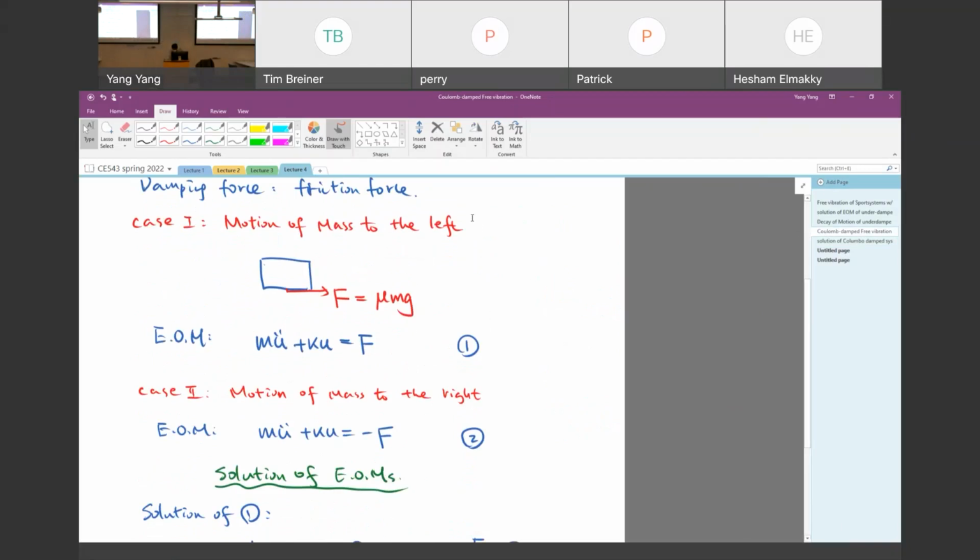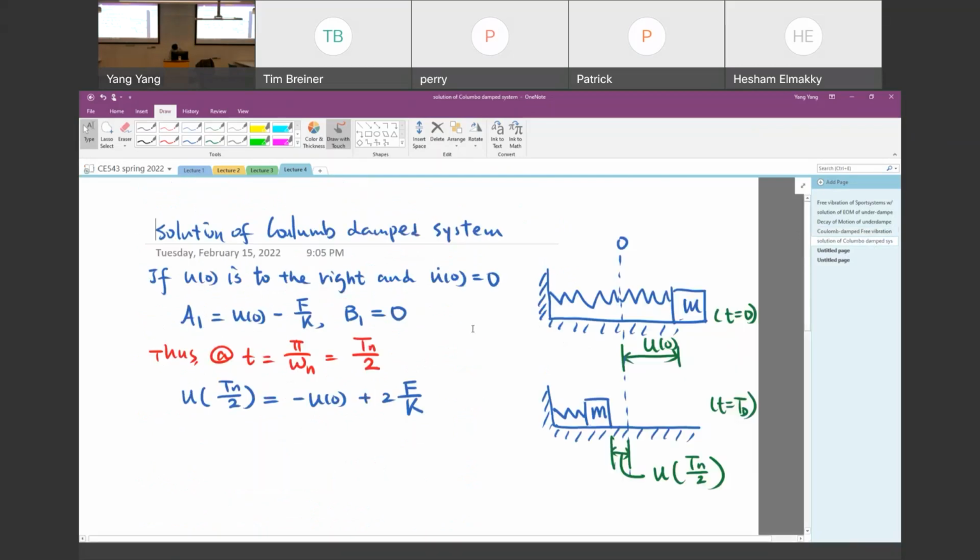So in this case, we should be able to calculate the value for the constant number A1, as well as find out the displacement at the end of the first half cycle. And then this mass will move from here to the right, so we can use the second equation.